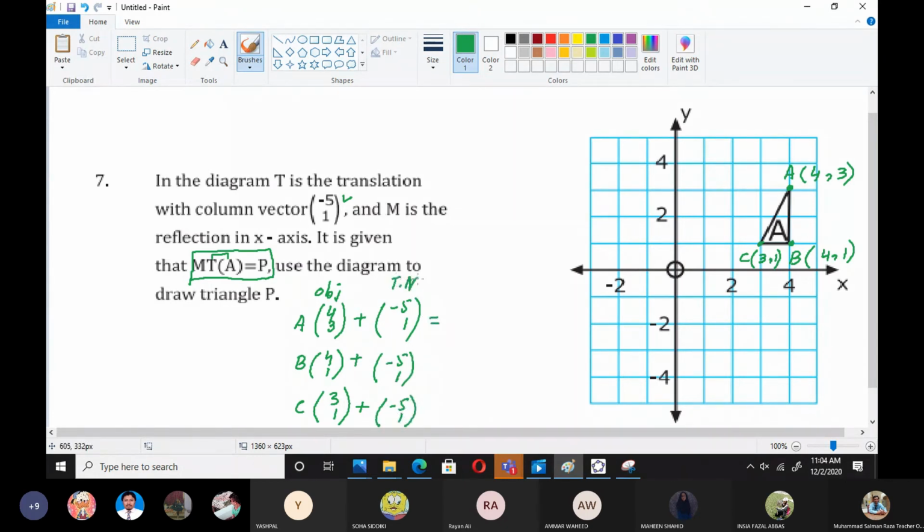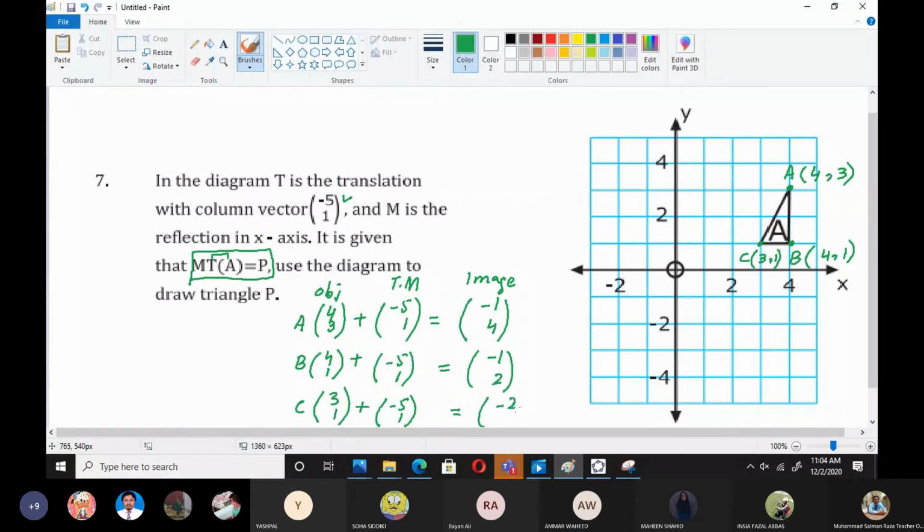This is the translation matrix, and then it will be the image of the matrix. And what will be the image of it? It will be (-1, 4). And then (-1, 2). And what is it?